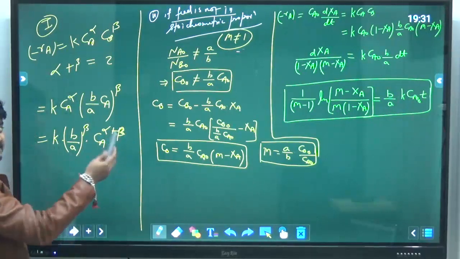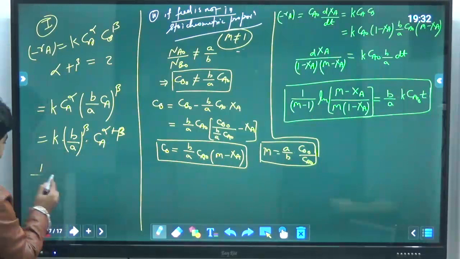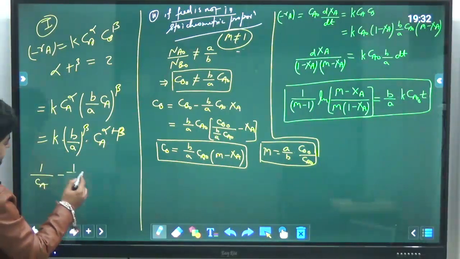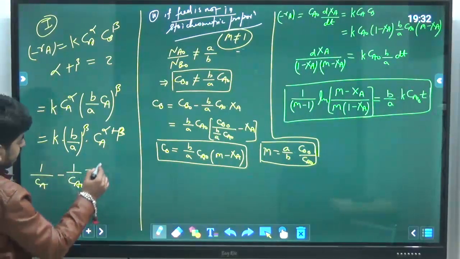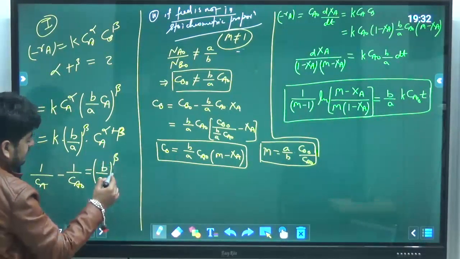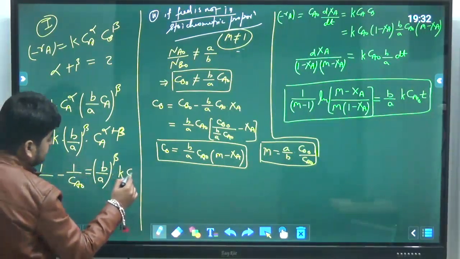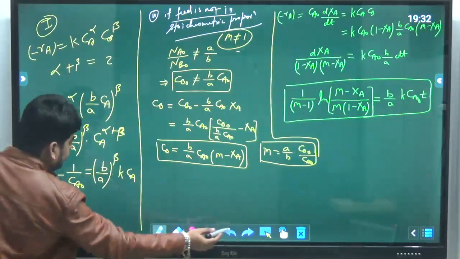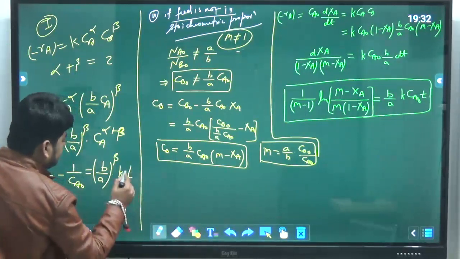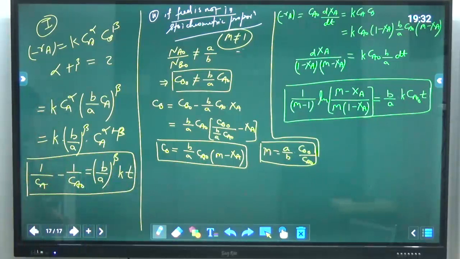Alpha plus beta means 2, so Ca squared, and you can solve this: you will get 1/Ca - 1/Ca0 is equal to (B/A)^beta times k t. In that case this will be the answer.